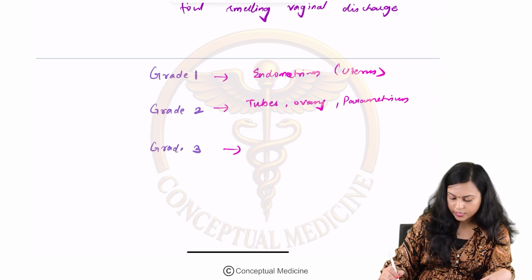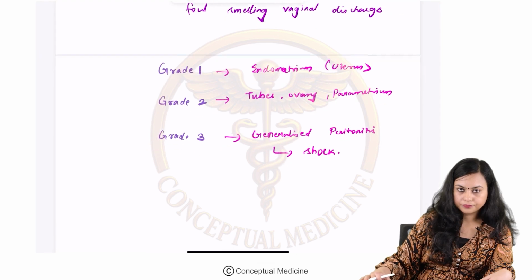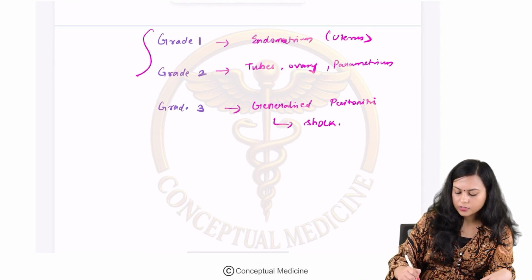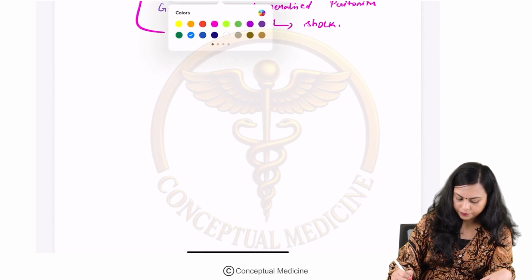And in grade 3 of septic miscarriage, a generalized peritonitis can occur, and that can even result in a septic shock. Clear? So, this is how a septic abortion will progress.